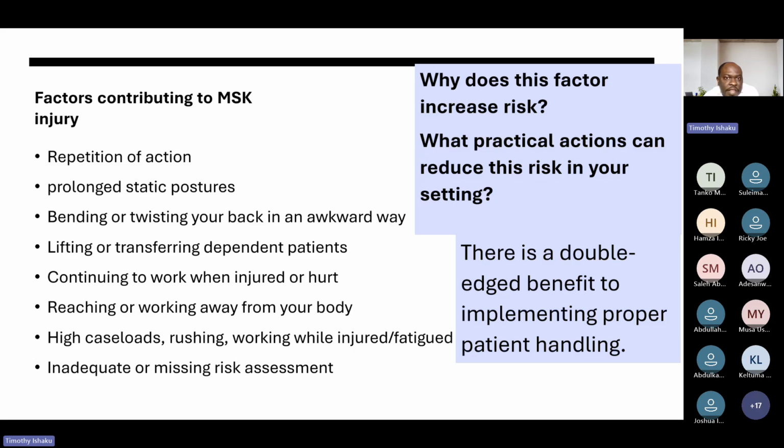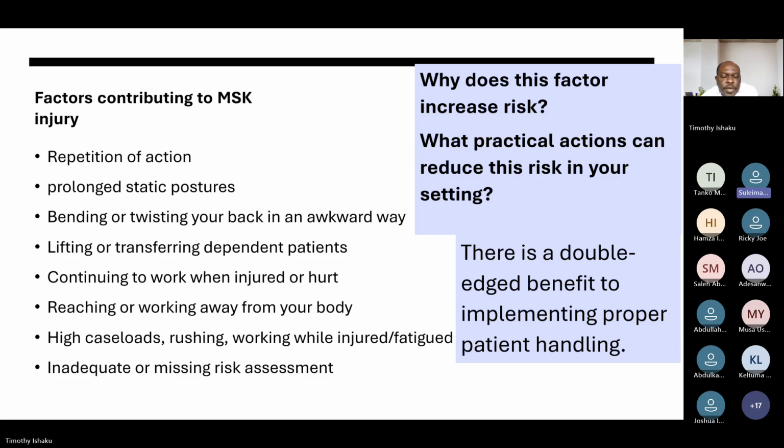What is one of the main things that causes the risk of injury in your practice? Can we all put it in the chat box, or you can unmute yourself and tell us? In your own view, what is the one thing that you think is the number one culprit of causing risk of injuries? Yes, Chima.